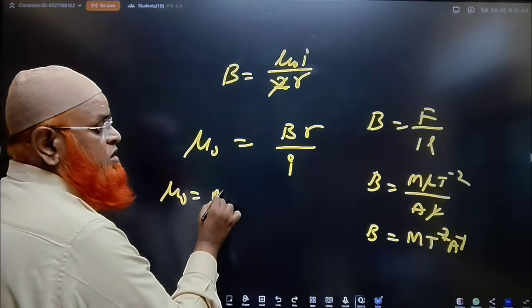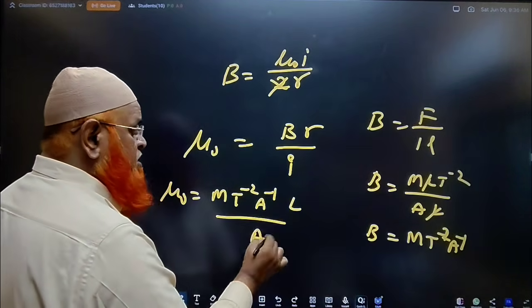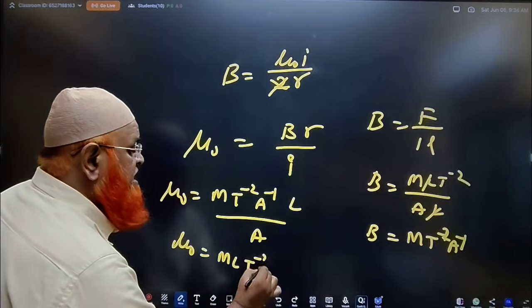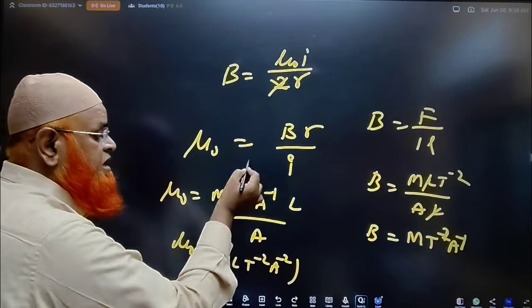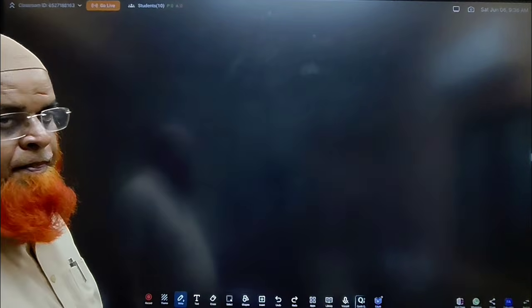Therefore mu naught is MT^-2 A^-1, R is L, and again one more A, since current means A only. So mu naught is equal to MLT^-2 A^-2. Is it okay? Next.